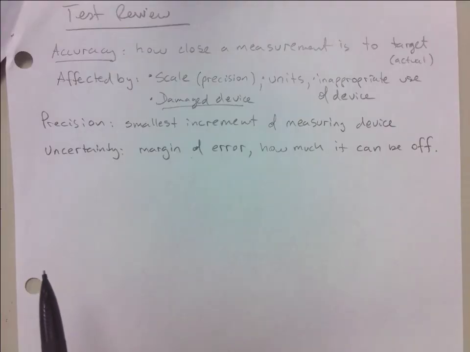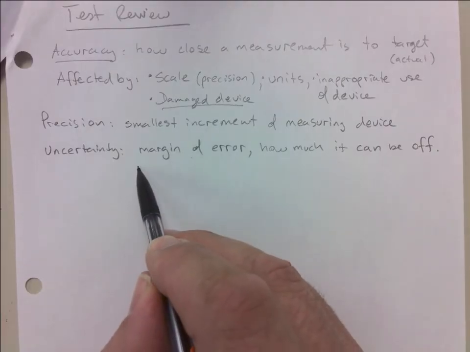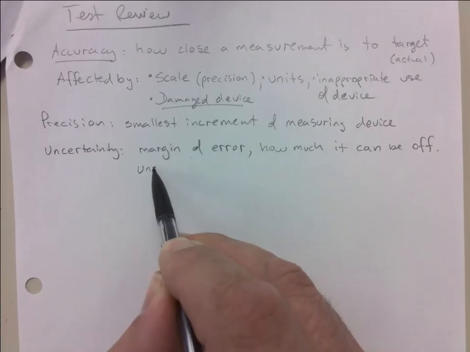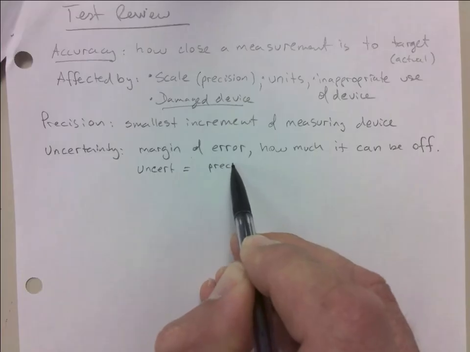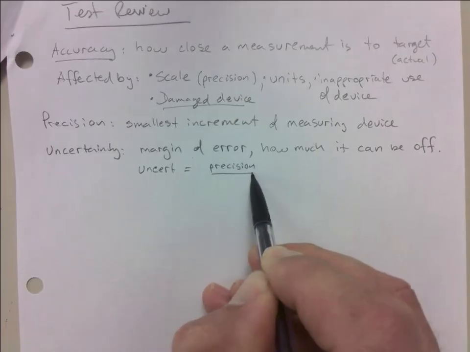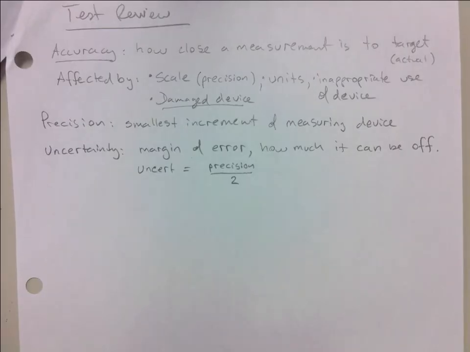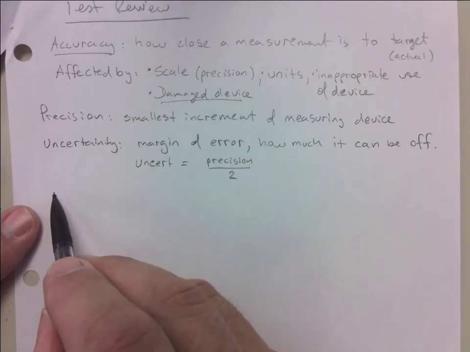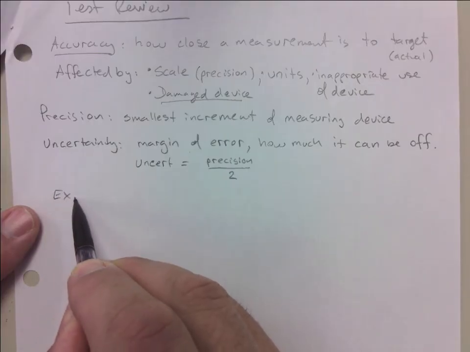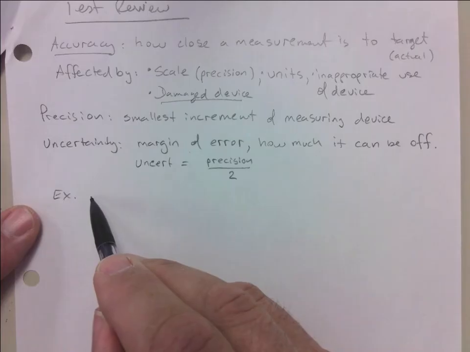Okay? And mathematically, uncertainty is precision divided by 2, right? So that's something you need to know. And so there are some examples here. I hope you know this one already.